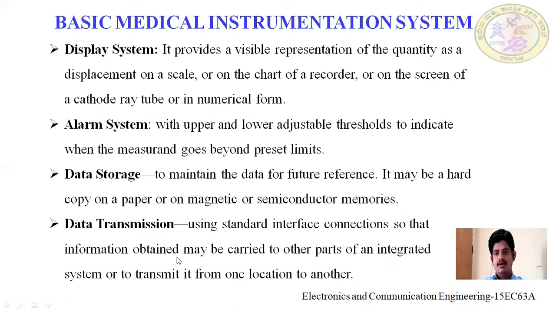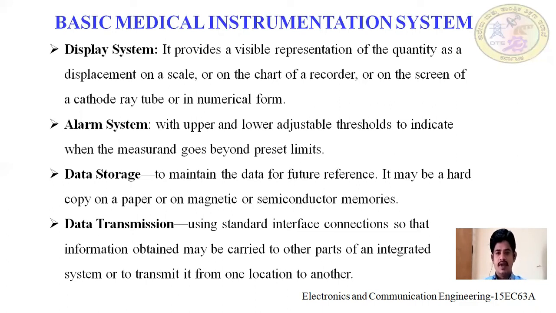Next we have a display system. It provides a visible representation of the quantity as a displacement on a scale, or on the chart of a recorder, or on the screen of a cathode ray tube, or in numerical form. So display system means which will be displaying the information. Whatever signal you have captured has to be displayed.